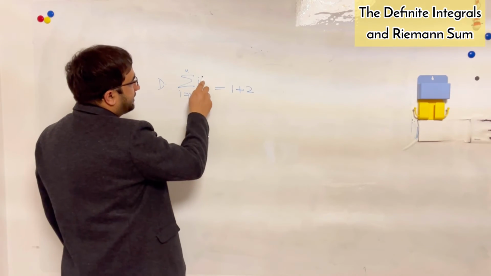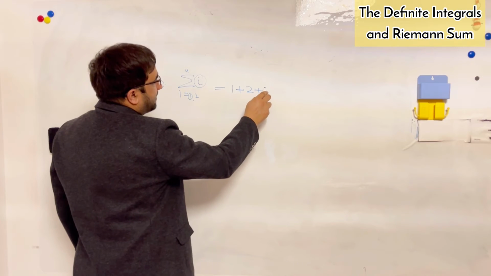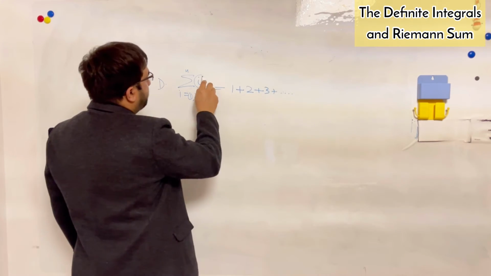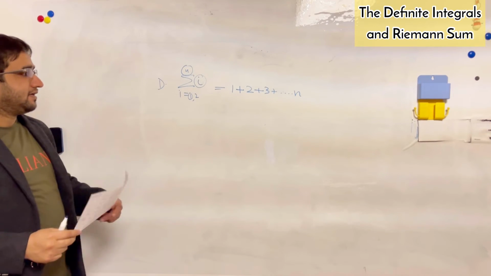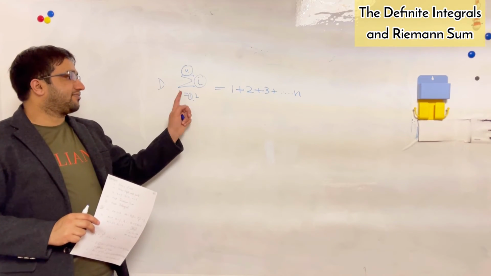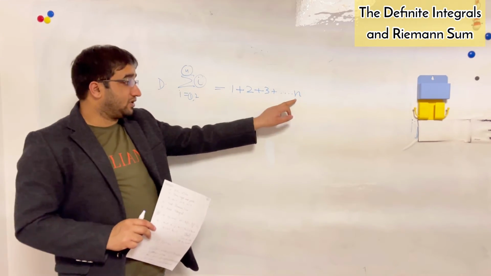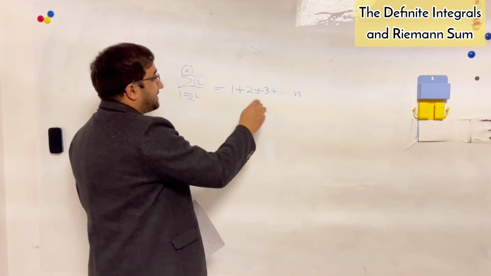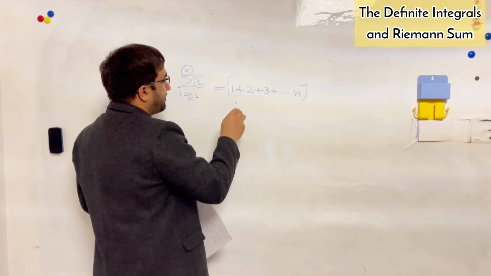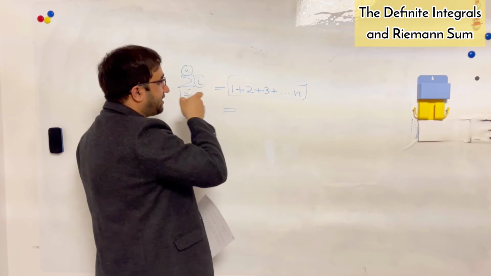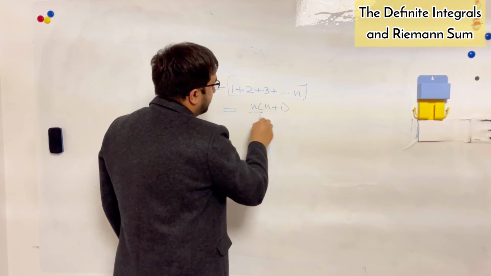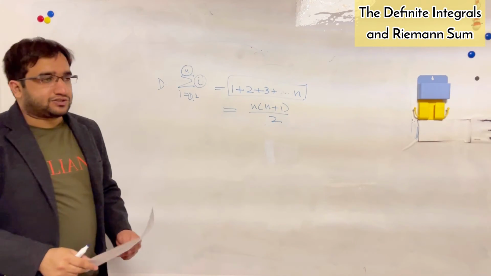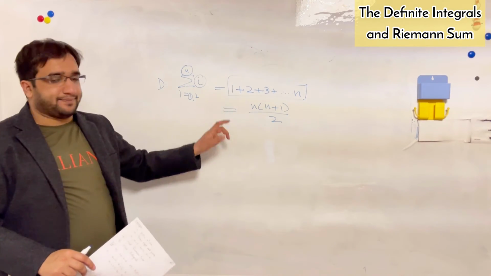So it will become 2 plus 3 plus so on up to the final value n. So summation i, where i starts from 1 to n, is always equal to this. But somebody has already proved that this thing in a shorthand notation can be written as n into n plus 1 divided by 2.